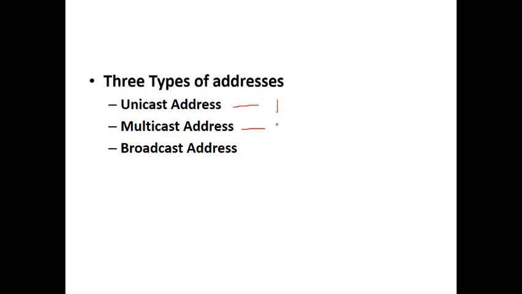Whenever I consider a group of devices, we say the address is a multicast type of address. If I consider all the devices as my destination, then I will be sending the frame through a broadcast address. That is why, depending upon the number of devices or receivers, we divide the address into unicast, multicast and broadcast.